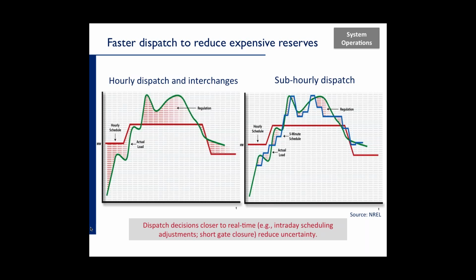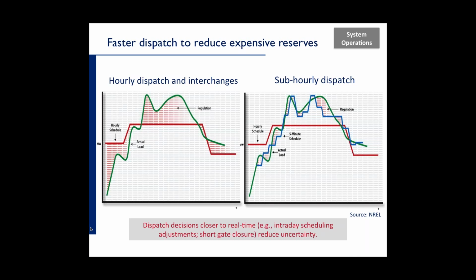On the left-hand side, on the y-axis, we have megawatts of demand, millions of watts of demand. We have a general time scale. It's not clearly labeled here, but this is a couple of hours of time, and the amount of time is the same on both graphs.